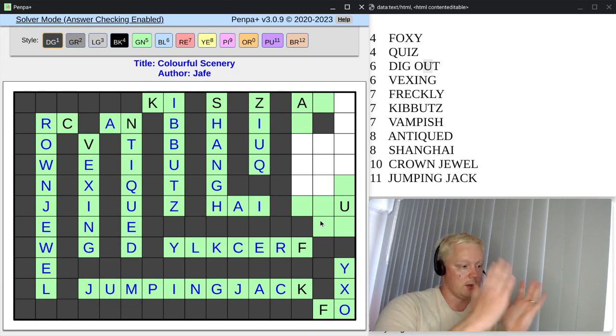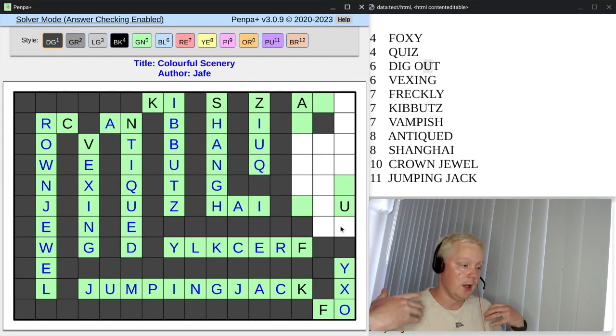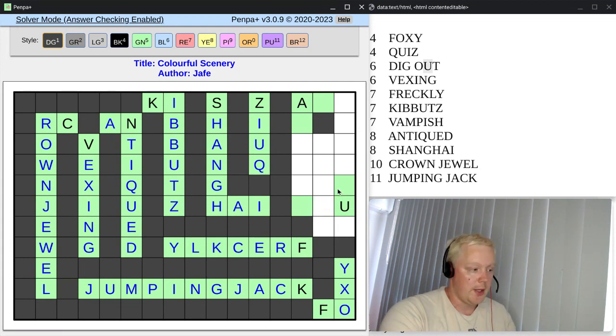A cell on the snake can't touch another cell that's not its neighbor. So this shape is illegal based on the snake rules. So if we put the T here, there's no legal way to finish the snake. So if the T can't go here, it can't go there. The only way for the T to be next to the U is here.